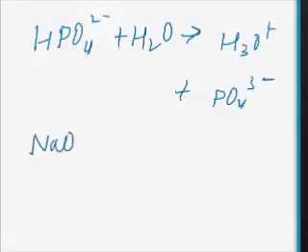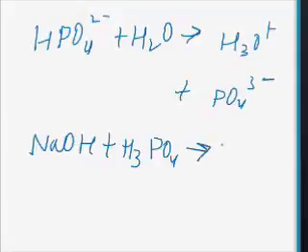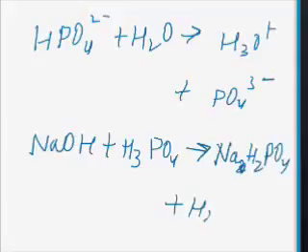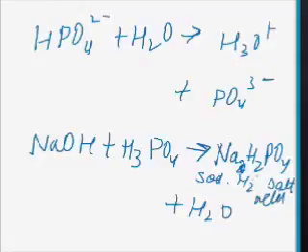NaOH, when it reacts with phosphoric acid, will form NaH2PO4 and water. This is sodium dihydrogen phosphate, or we can also call it acid salt.